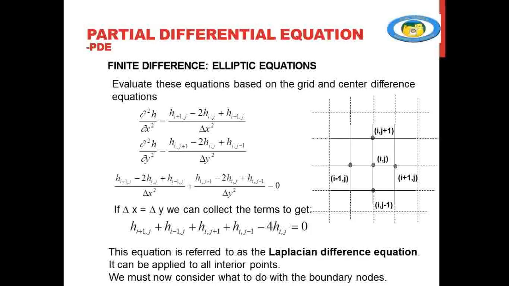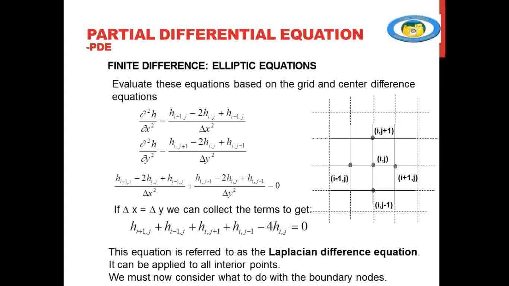Then x is going to be represented like i, y is going to be represented as j, and x minus delta x is i minus 1, y minus delta y is j minus 1. Later when we talk about time, we'll just represent t as n, t plus delta t as n plus 1, t minus delta t as n minus 1.